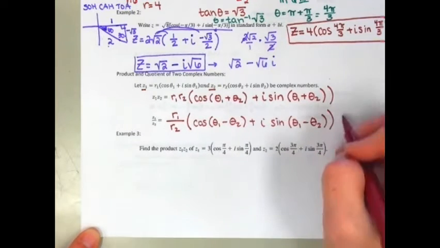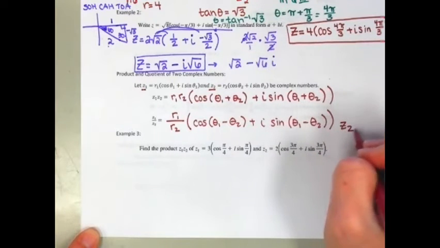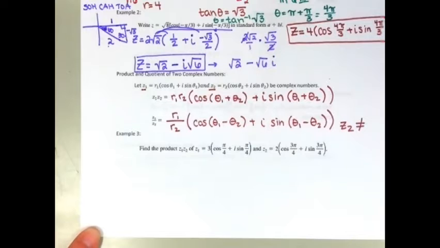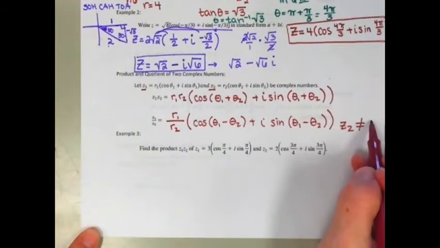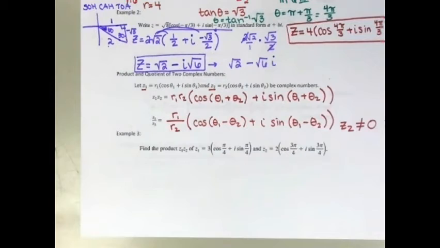And then we have to remember, z2 cannot equal what number? What can't you divide by? 0. So we have to make sure that second trig function, complex number, is not 0. Okay. Why would they ask you to divide it if it was 0, right?